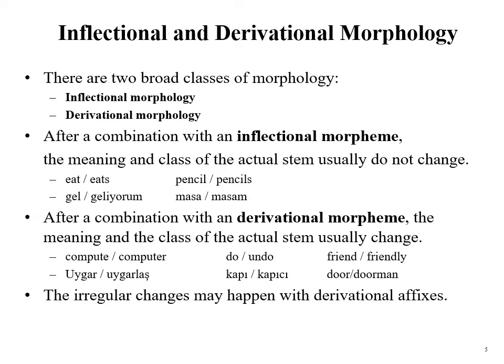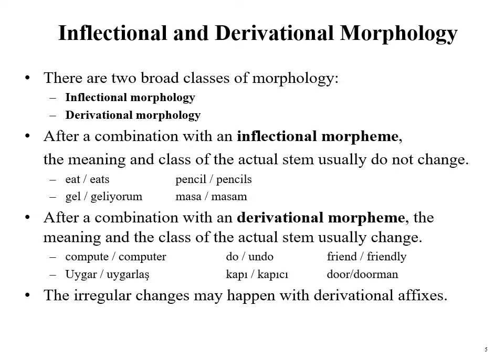The meaning of do and undo are different. When you are adding un with do, it becomes undo, and both words are different because it comes under derivational morphemes. When you take the word friend and add ly, it becomes friendly, which has a different meaning.